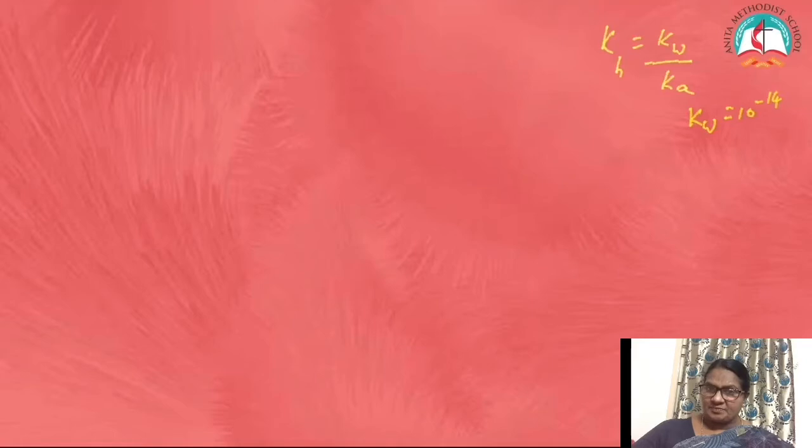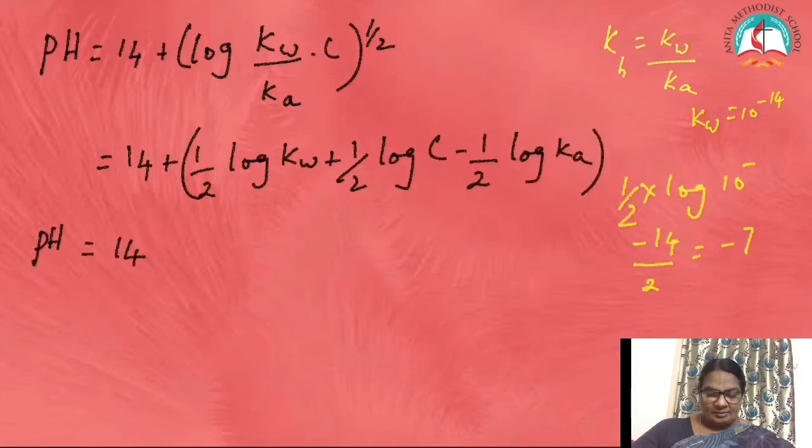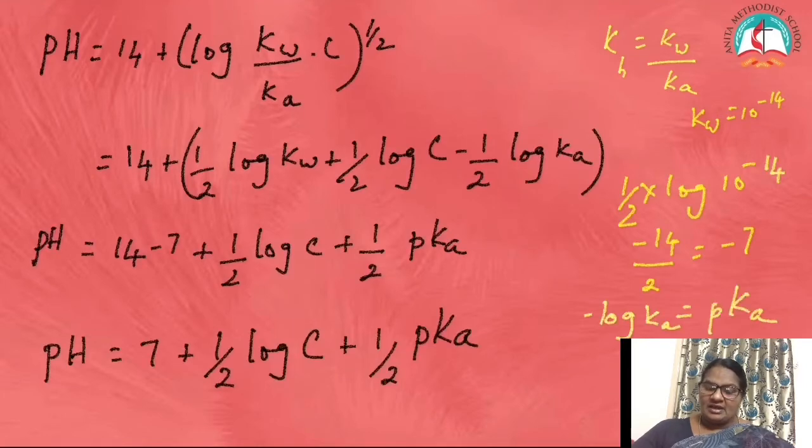So we have this expression, and I am going to expand it. What do I get? 14 plus half log Kw plus half log C minus half log Ka. This one comes to the numerator, so it becomes minus. Now in this equation, let us substitute these values.